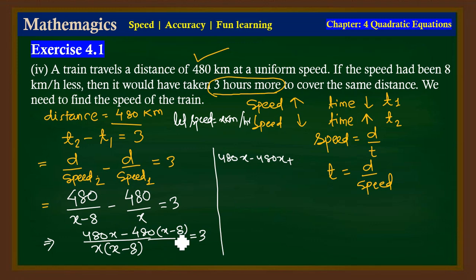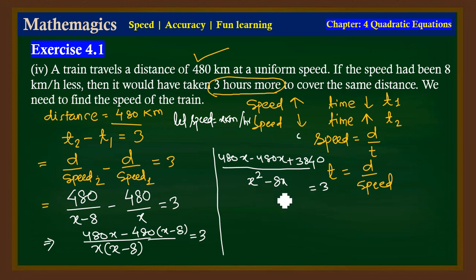Let us just multiply it. 8 zeros are 0, 8 8s are 64, then 8 4s are 32, 32 plus 6 becomes 38, so 3840. This is the multiplication, whole divided by x into x minus 8. That becomes x into x is x square minus x into 8 is 8x, and the answer is equal to 3.